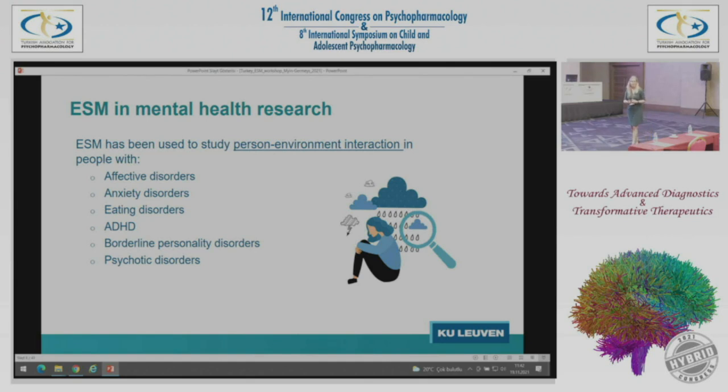When I talk to clinicians and researchers alike, and I say I study psychotic disorder and we've run a lot of studies, people always say, oh, but my patients couldn't do this. Oh, you're probably talking about the more highly functioning patients. But that's actually not the case. A lot of people can do this because it's very structured. You get a signal and you fill out a questionnaire.